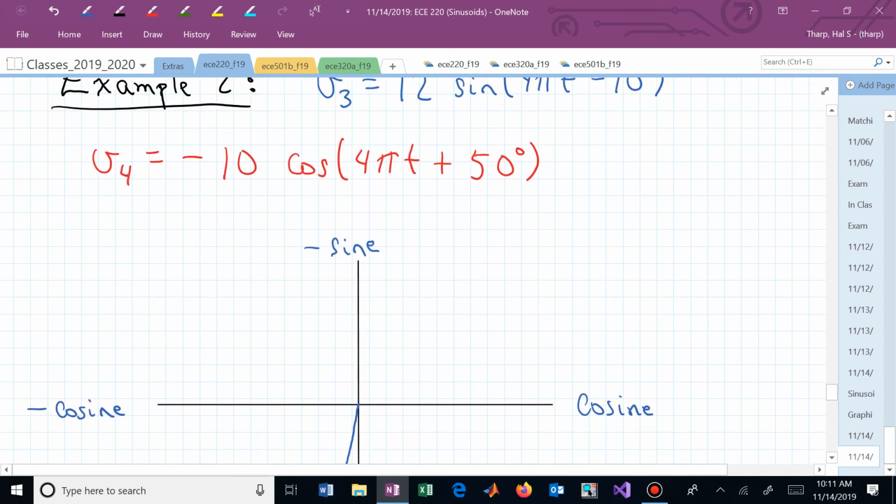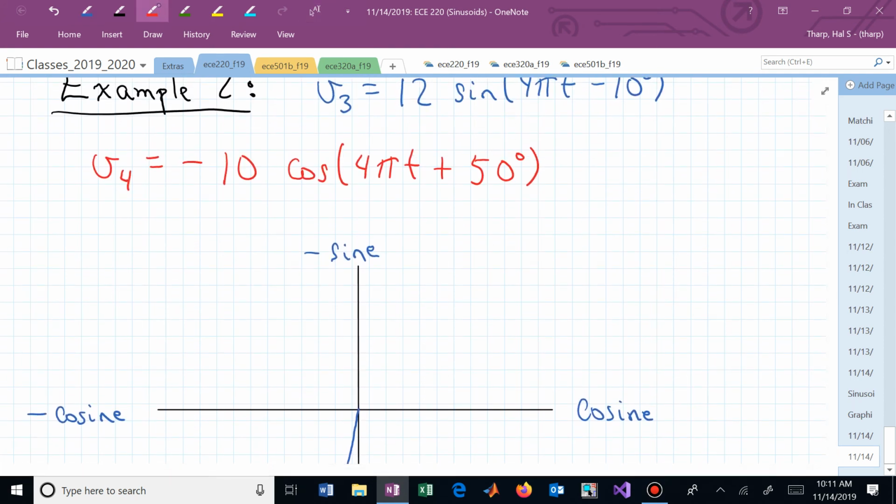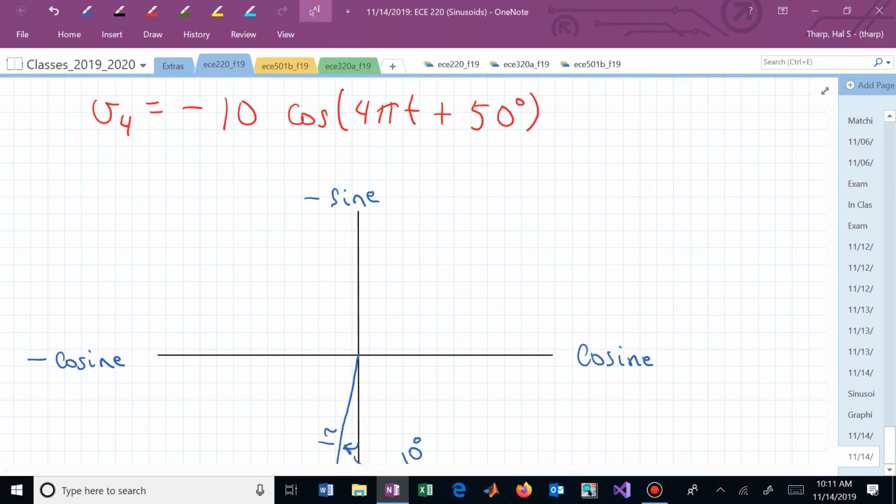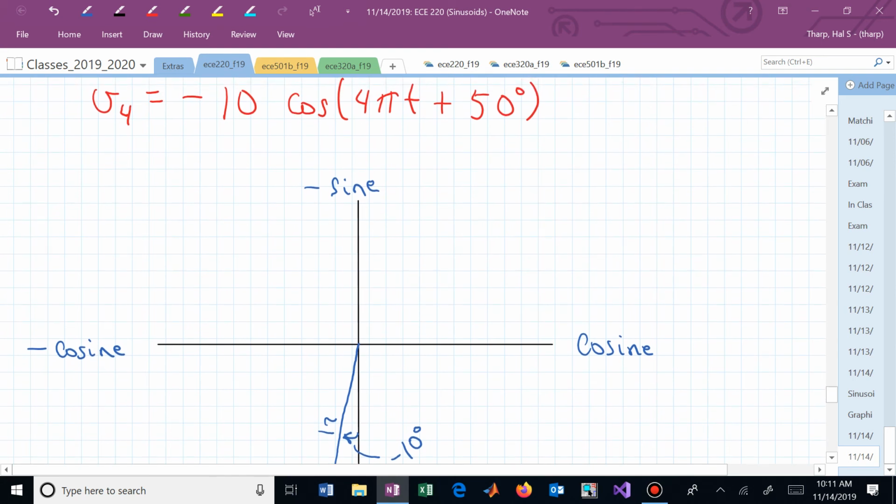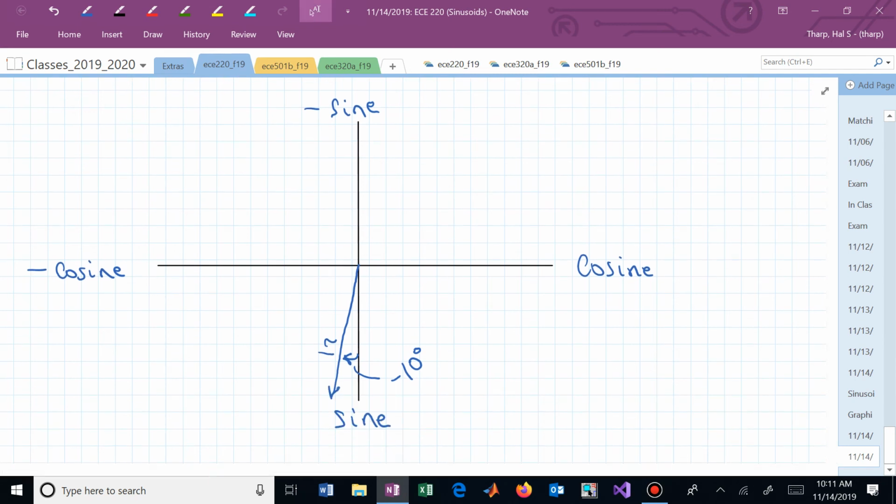Where do I put the red phasor? Minus 10 at 50 degrees. It's now in the left side, but it's advanced 50 degrees from that. Now, if I can go a little bit more than 45, it's 10, and this is plus 50 degrees.